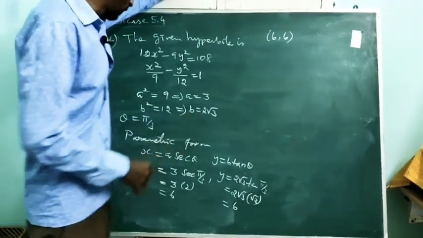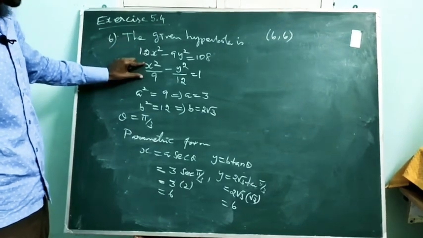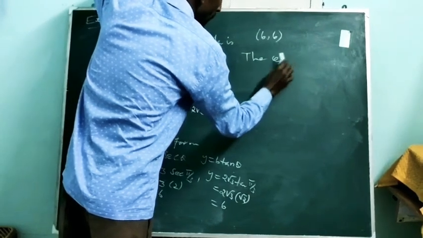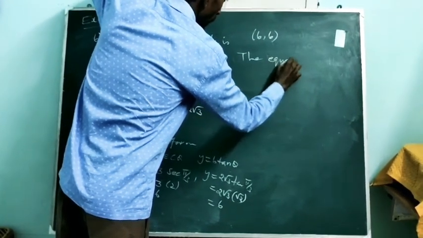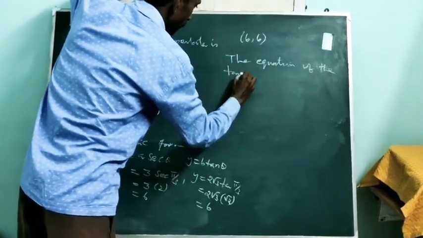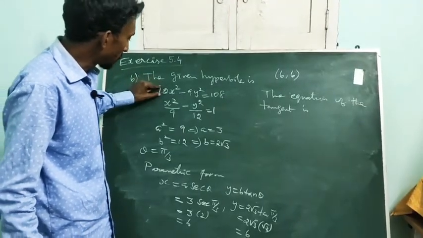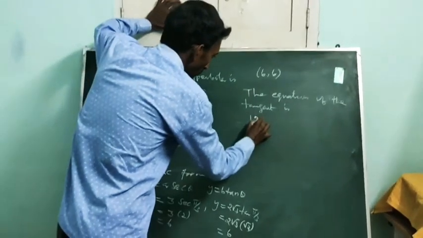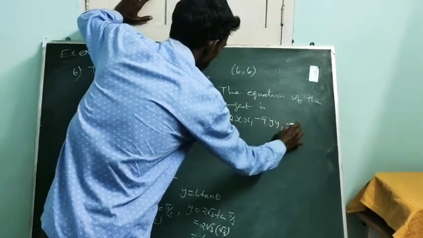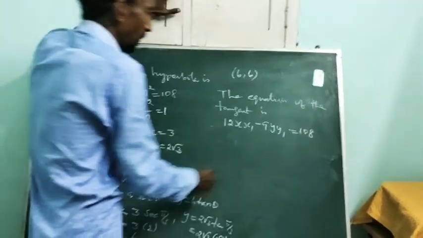So now our aim is to find the equation of the tangent. Once again use the replacement method. The equation of the tangent: 12 x square is replaced by x1, y square is replaced by y1, equal to 108. So x1 comma y1 is nothing but 6 comma 6.